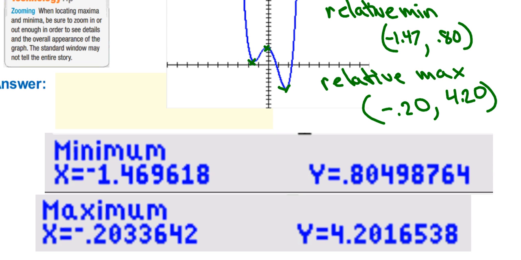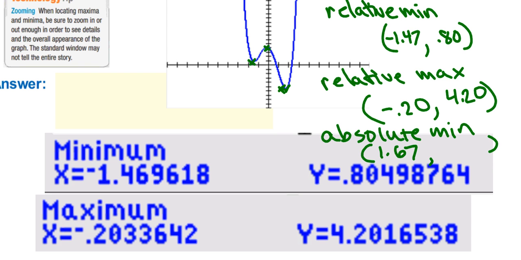Okay, the last one here is an absolute. And what are its ordered pairs? The X value is 1.67, and the Y value is negative 5.50.